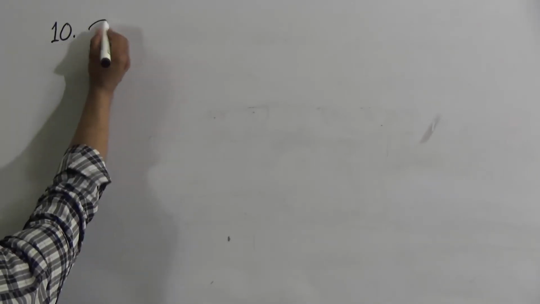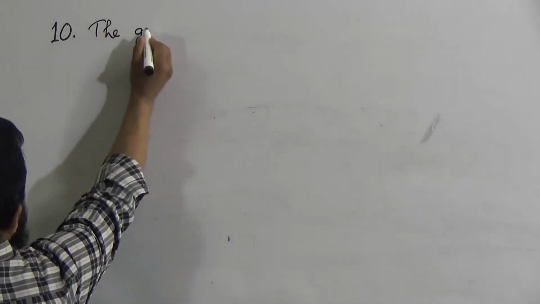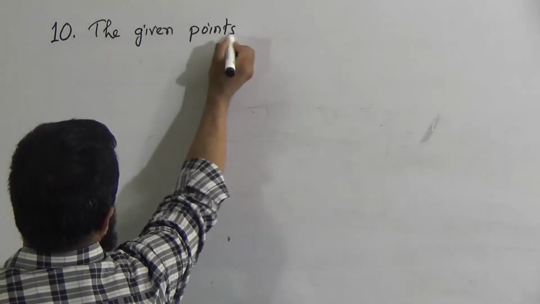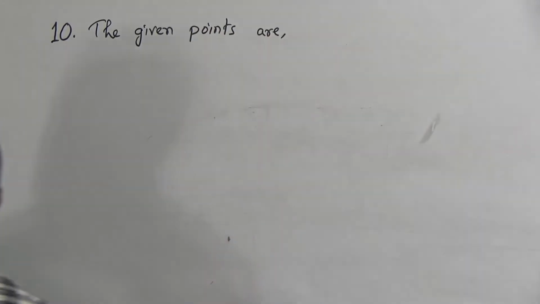Now we'll solve question number 10 here. Okay. Question number 10. First of all, we need to find out the area of the quadrilateral ABCD, and then we should find out the area of ABC also. After that, we should create an equation. Now, the given points are ABCD.